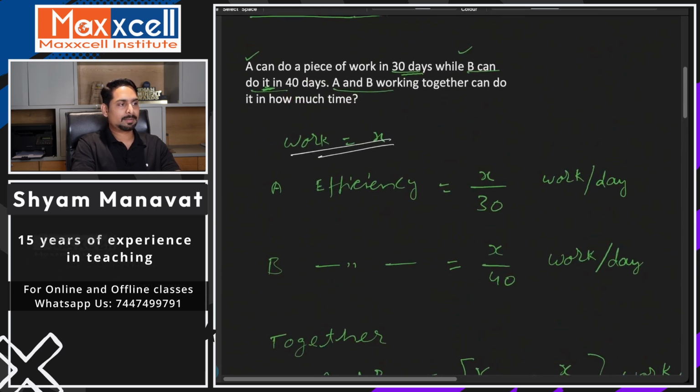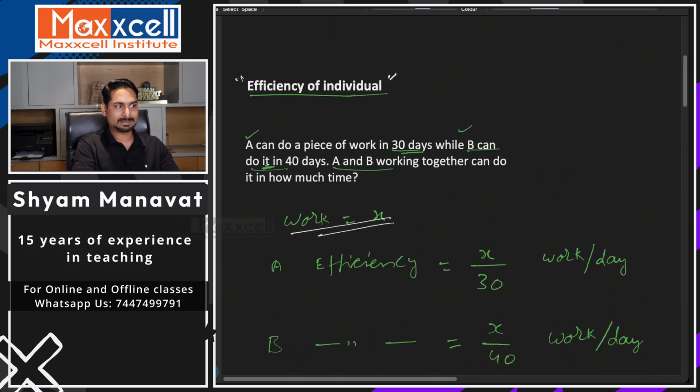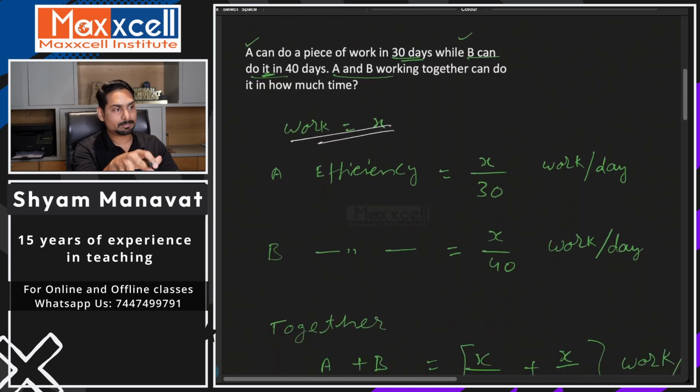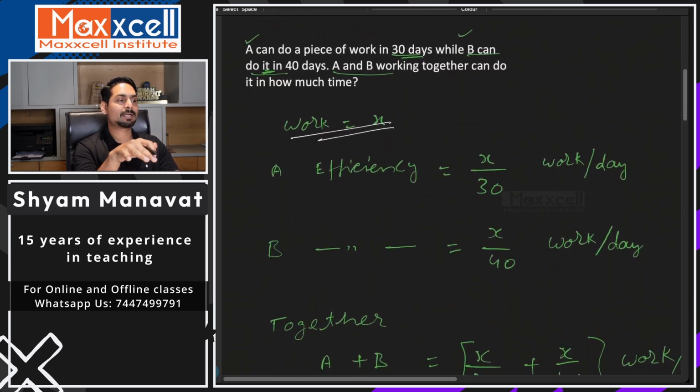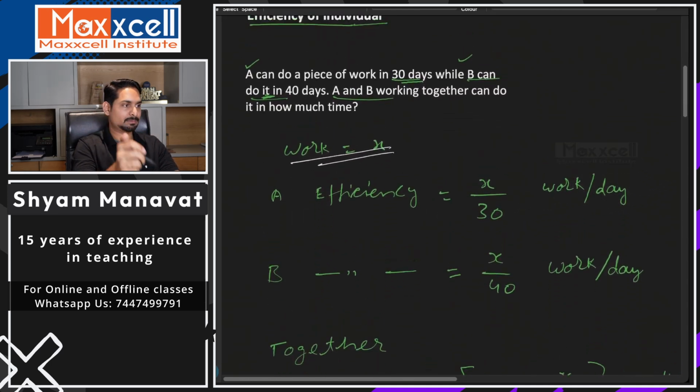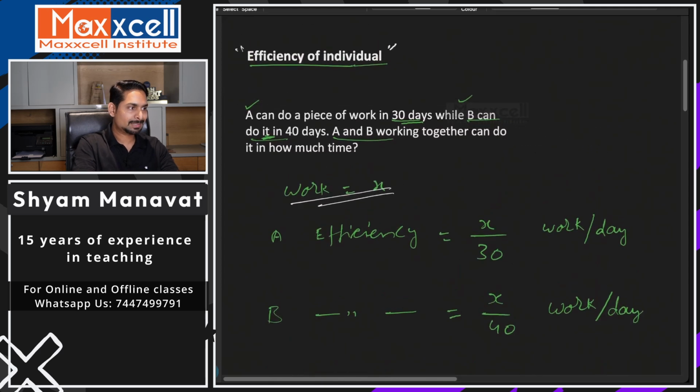So now when we have a question where we see some individual people, first we'll try to find out the efficiency of individuals. So which type of question is this? You need to identify by looking at the question, and I will teach you how to identify with more questions coming in the videos. So you have individual people mentioned, so we are working on the type of question which is efficiency of individual.